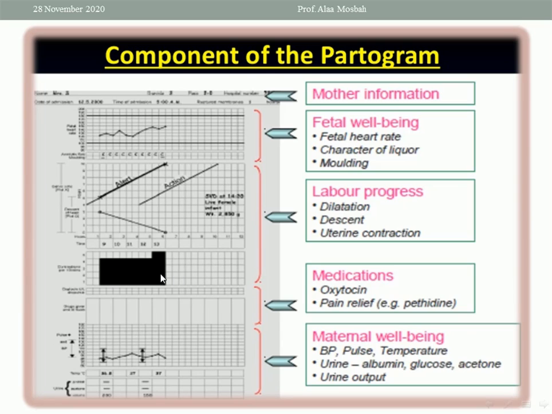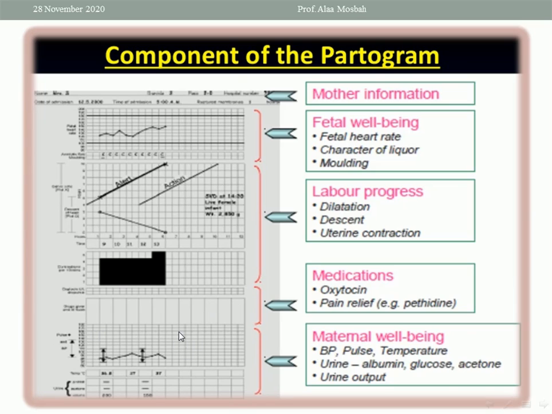Uterine contraction this area. Then any oxytocin given, dose, and dose per unit, okay, and how many drops per minute. Then other medications given here in this area.